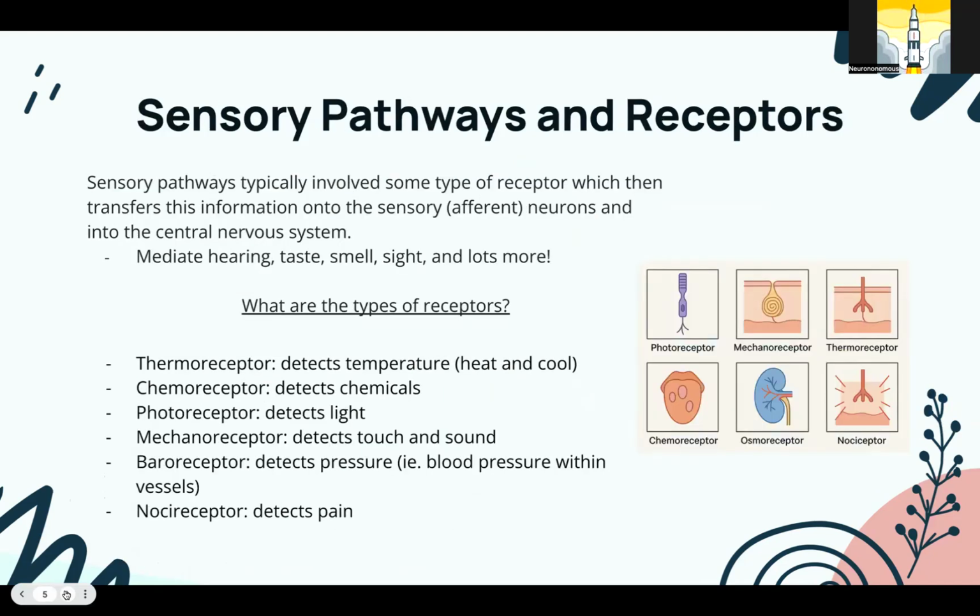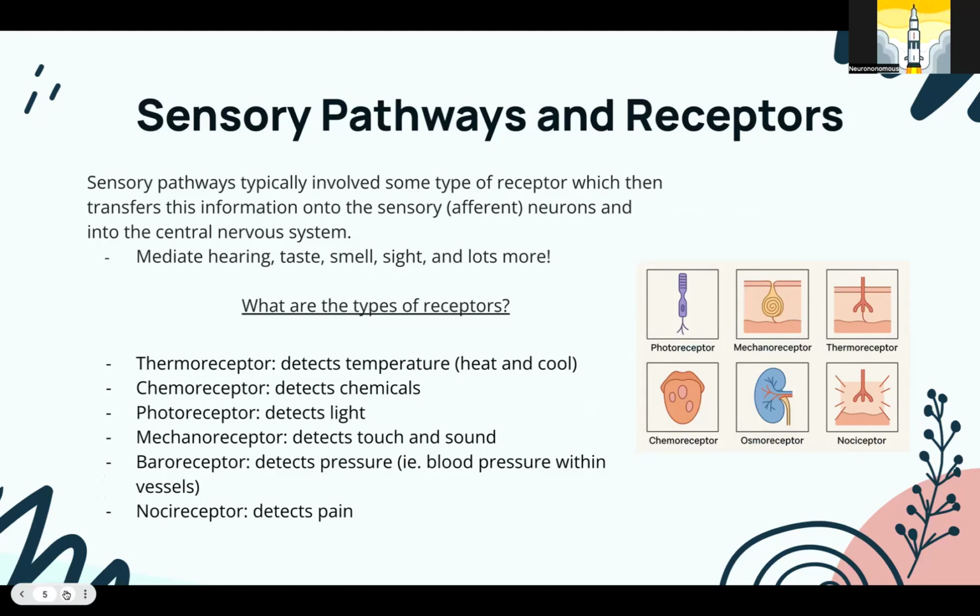Now, let's take a look lastly at our sensory pathways and receptors. During the next few lectures, we're going to be looking at various sensory pathways. We're going to look at the gustatory, olfactory, vision, hearing, and other pathways. Sensory pathways are important because that's how information is relayed to the central nervous system.